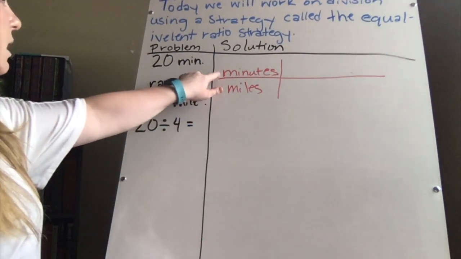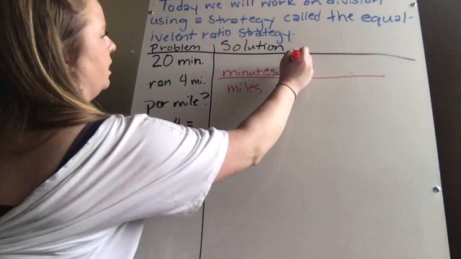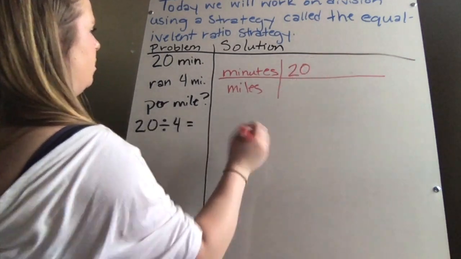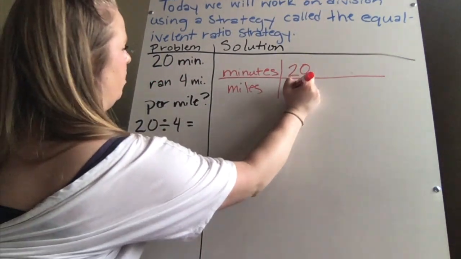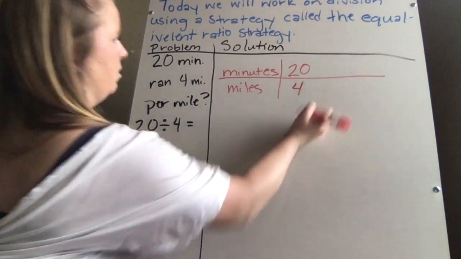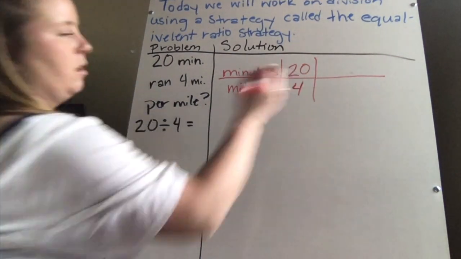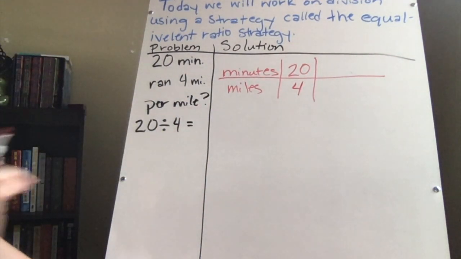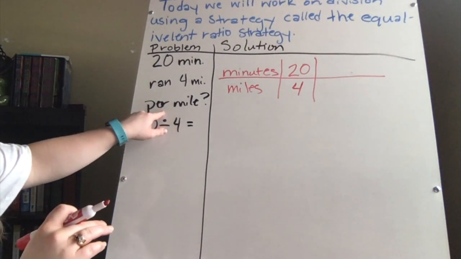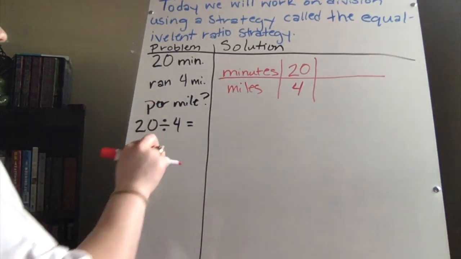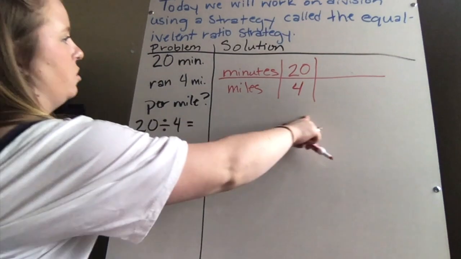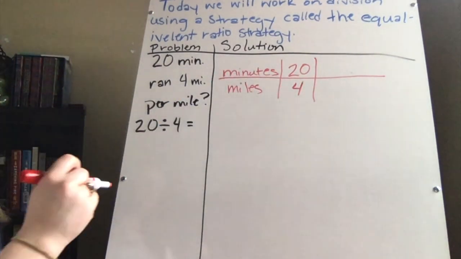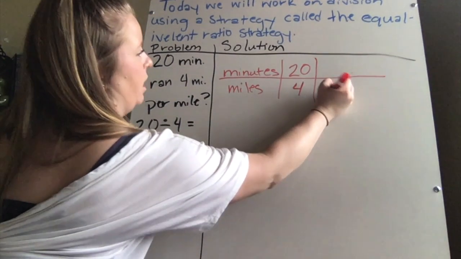So for the minutes, I know there are 20 minutes. For the miles, I know there are 4 miles. And I want to know how many minutes he ran in just 1 mile. So I know I'm trying to get to 1.